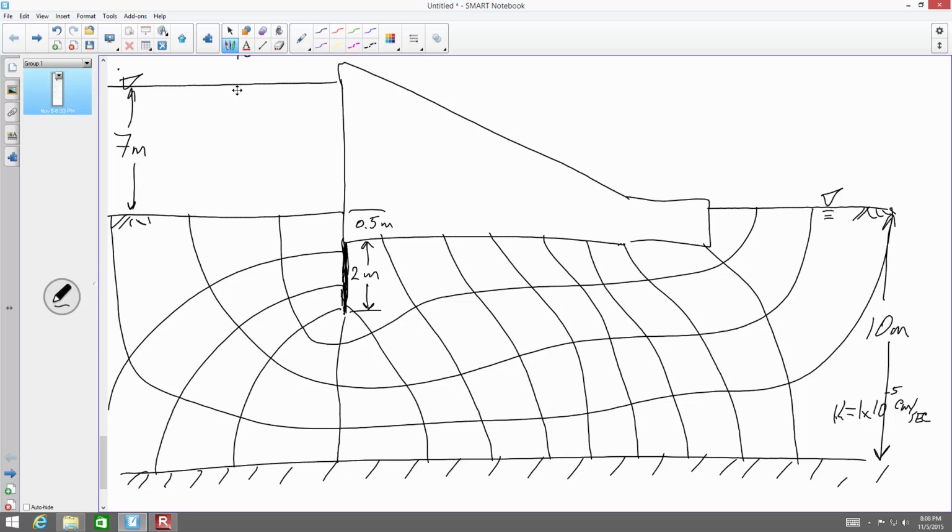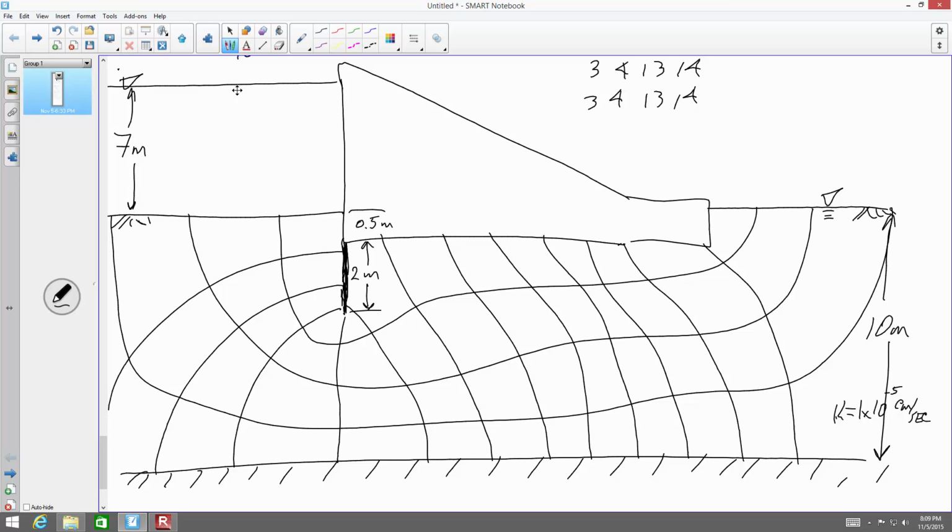Number of head drops, flow channels, and total head loss. Number of head drops, you get a choice of 3, 4, 13, or 14. Number of channels, you get 3, 4, 13, or 14.